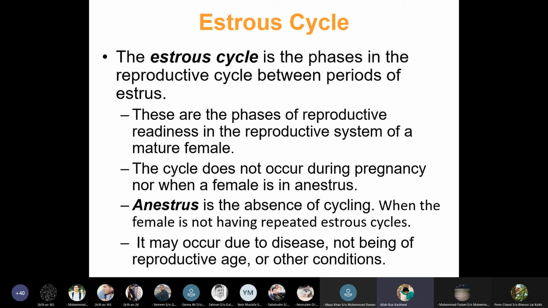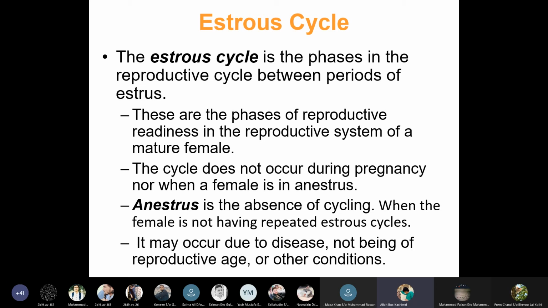The estrous cycle is the phases of the reproductive cycle between the periods of estrus. These are the phases of reproductive readiness in the reproductive system of a mature female.